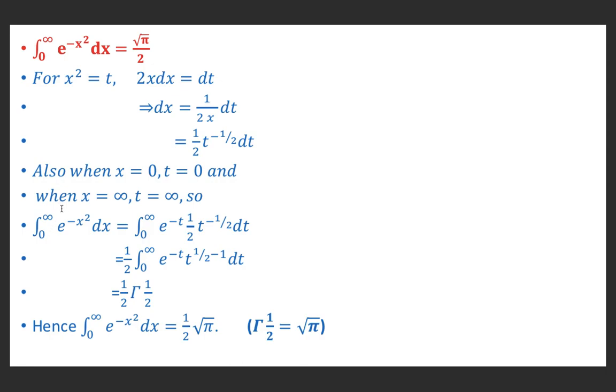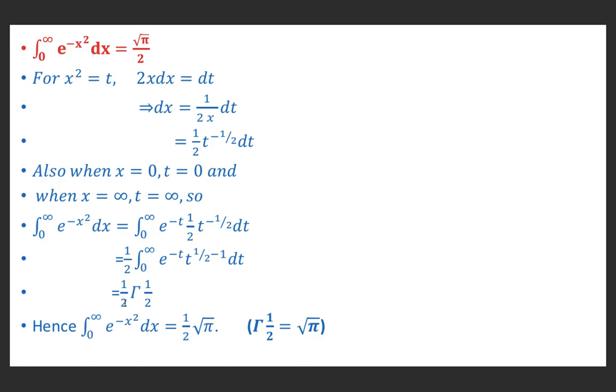So the integral from 0 to infinity of e raised to power minus x square dx is equal to, because limits are the same, 0 to infinity, e raised to power minus t, and dx is half t raised to power minus half dt. So 1 upon 2 will be outside because it is constant, the integral from 0 to infinity of e raised to power minus t, and we can write minus 1 upon 2 as 1 upon 2 minus 1, dt.